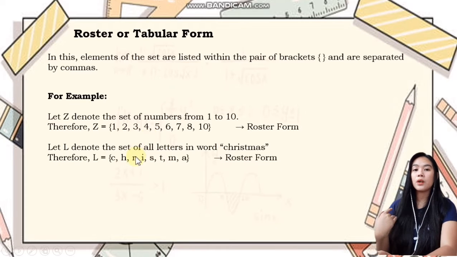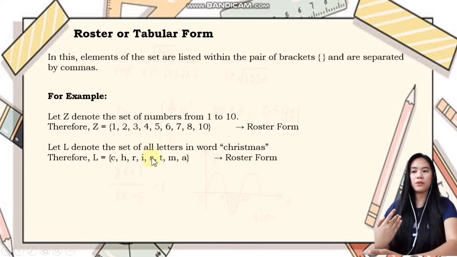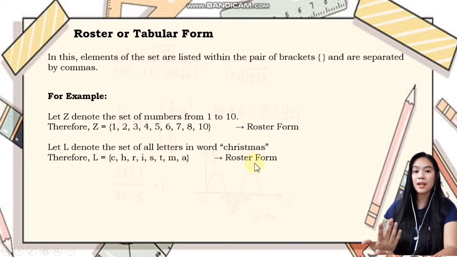So, another example, let L denote the set of all letters in the word Christmas. So, therefore, L is equal to C, H, R, I, S, T, M, A, where L is the name of our set and C, H, R, I, S, T, M, A are the elements of the set.